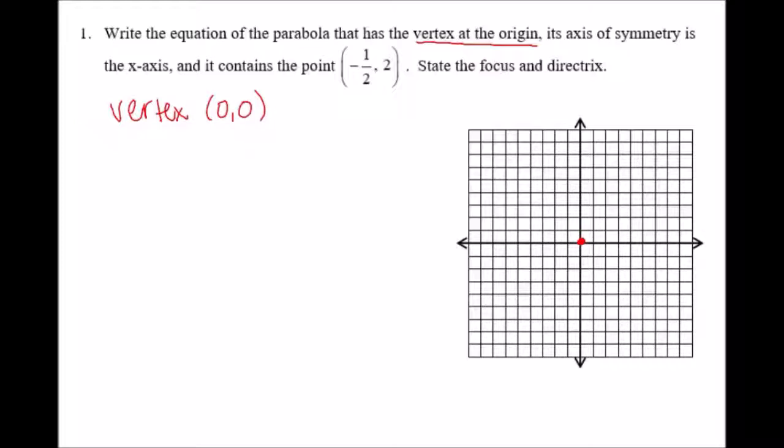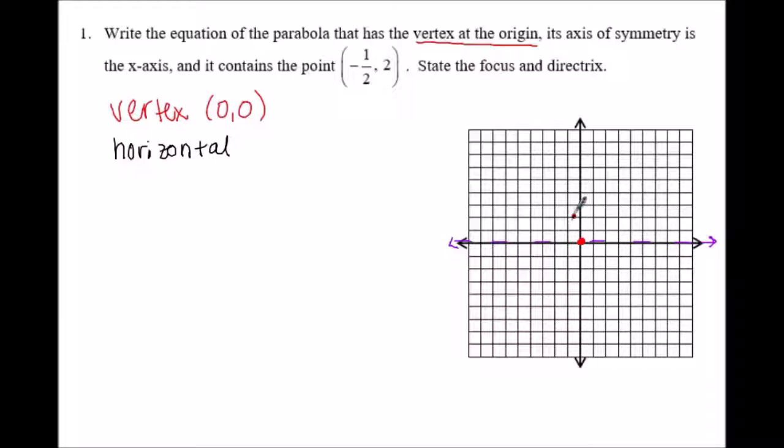We are also told that the axis of symmetry is the x-axis. So this tells us that we are going to have a horizontal parabola. Then we are told that this graph contains the point (-1/2, 2).